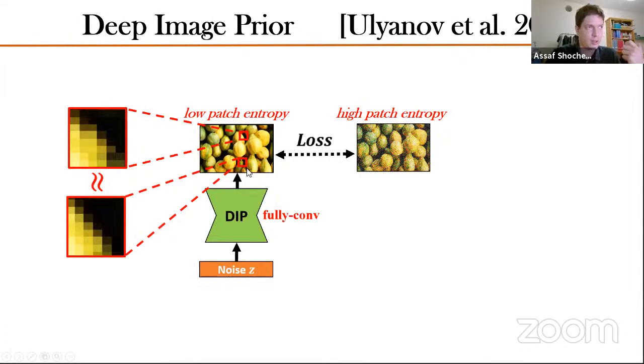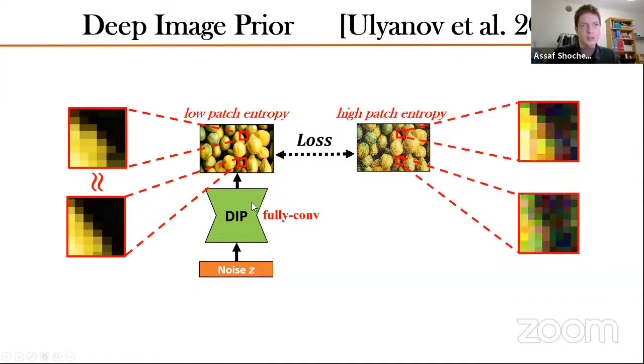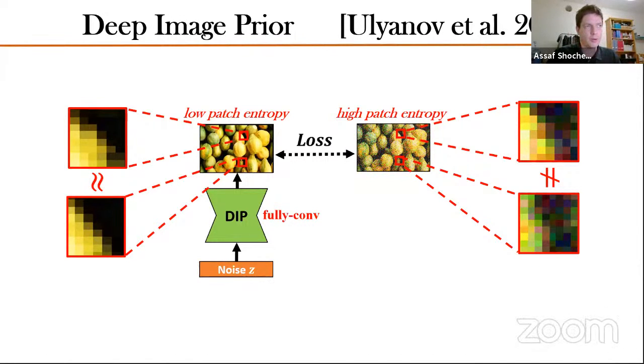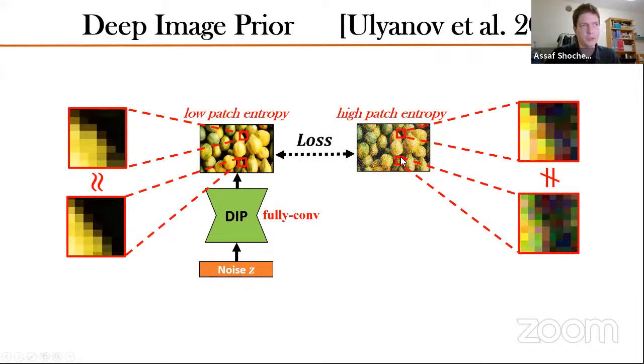So if you take two patches that seem to be similar in the original image and you check them in the noisy image, they're not that similar anymore. So this very strong prior of recurrence inside an image simply doesn't exist anymore when you have this noise inside.